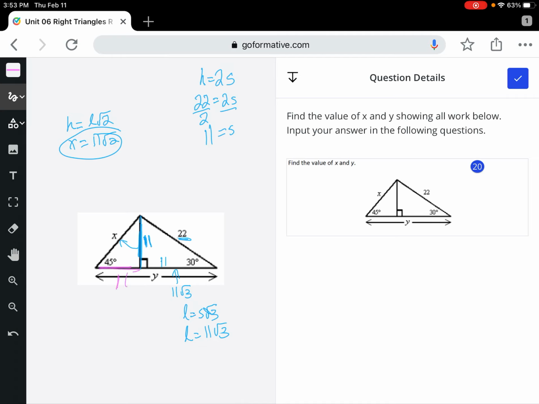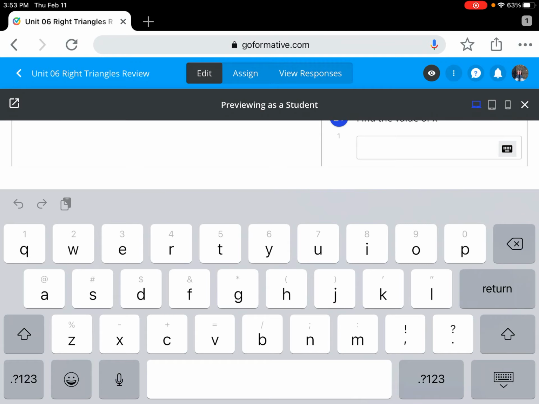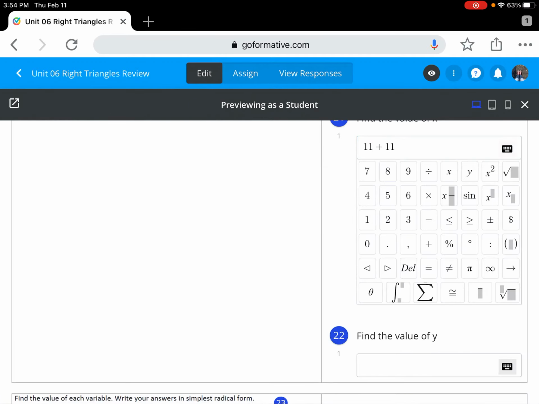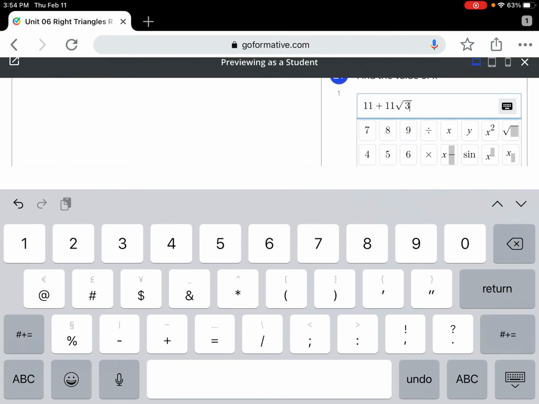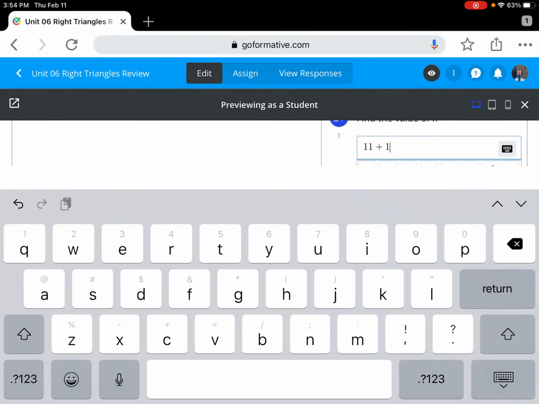Okay, and then I also need to find the other part to find y, which is 11. Now, if I want an answer to be precise, y is the sum of these two parts, so y is going to be 11 plus 11 radical 3. And you can actually put that in for your answer, in parentheses if you want: 11 plus 11 radical 3.